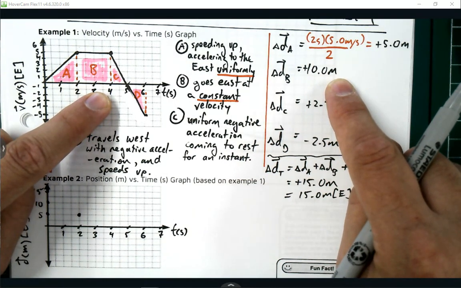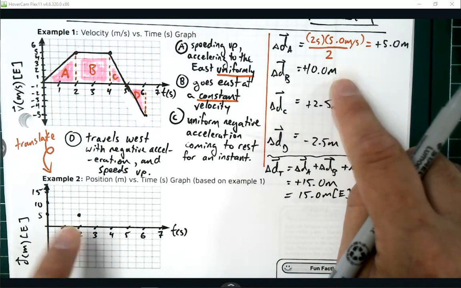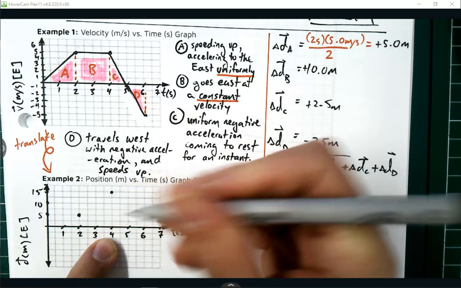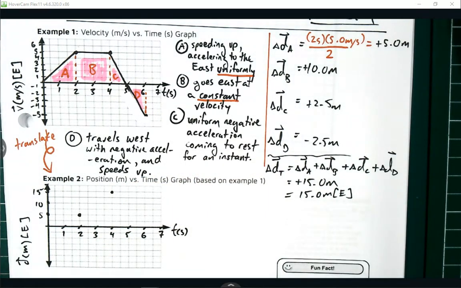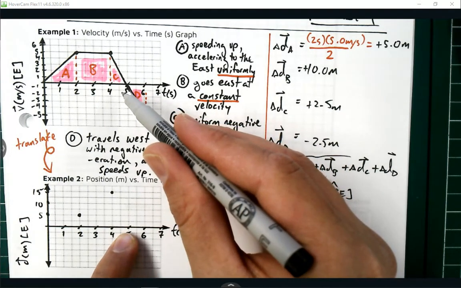Remember what we said about cumulative. How far have I gone in total at the end of 4 seconds? 15, right? I could say it's 5 plus an additional 10, or I could say at the end of 4 seconds, I've gotten to 15. Depends on how you think, I suppose. But in either case, my new position should be 15 meters away from the origin at the 4-second mark. And then, looks like it's at the 5-second mark. At the 5-second mark, which should my position be?